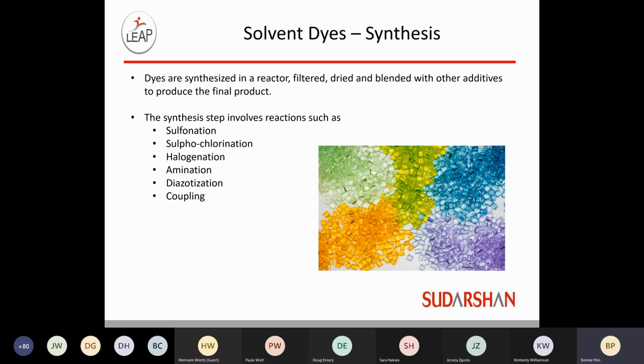They can take on sulfonation, halogenation, coupling, so a variety of syntheses. As far as separation, it might be a distillation process or precipitation or crystallization. So again, a variety of steps along the way depending on the chemistry that we're trying to create.